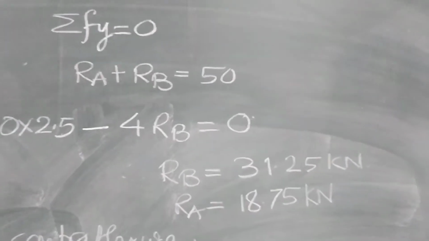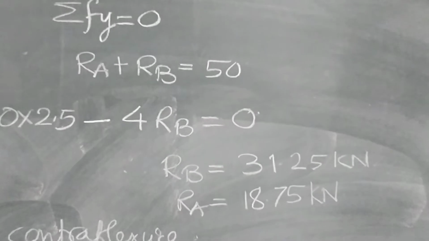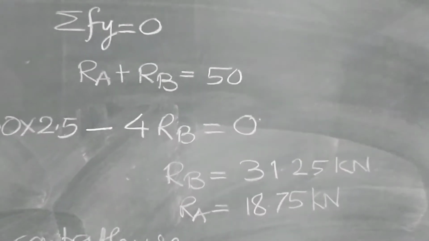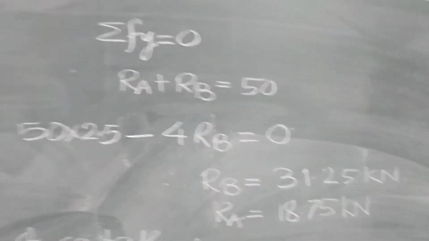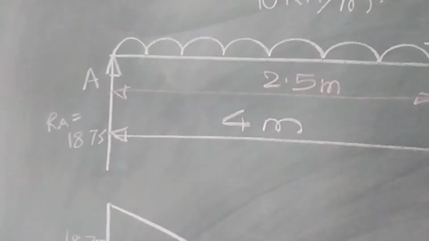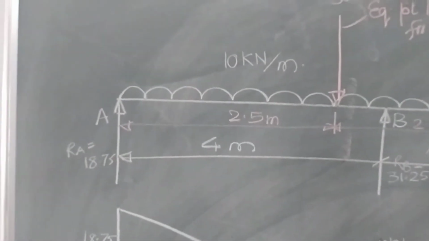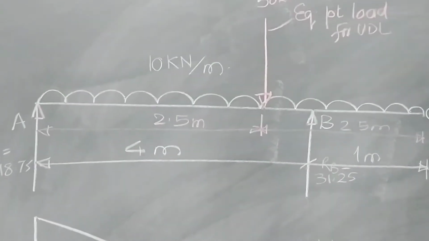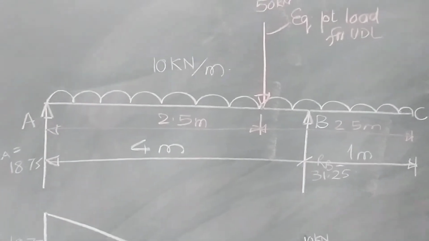That gives Rb equal to 31.25 kilonewton and Ra is 18.75 kilonewton. So let us put these values of Ra and Rb. Ra is 18.75 kilonewton, Rb is 31.25 kilonewton.